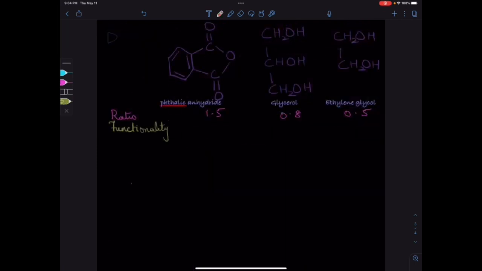So the ratios of phthalic anhydride to glycerol to ethylene glycol is 1.5 to 0.8 to 0.5. Again, let's find out the functionality. For carboxylic group, it will be 1.5 times 2, which is 3. For glycerol, it will be 0.8 times 3, which is 2.4.